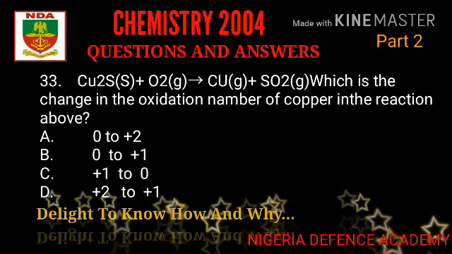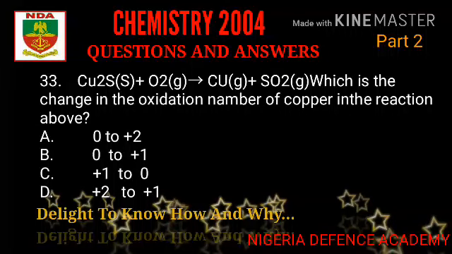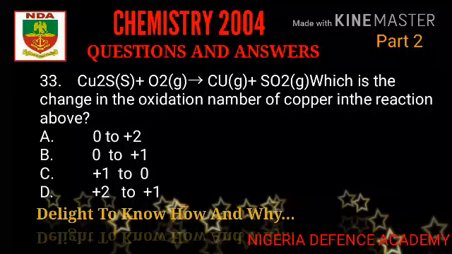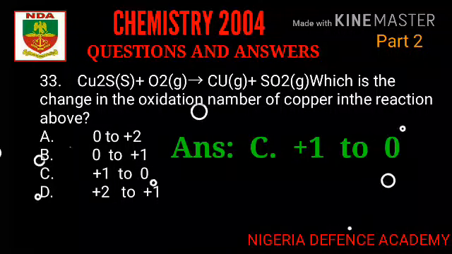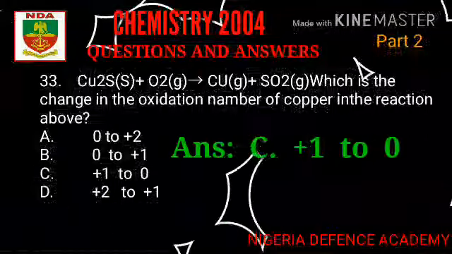Option A, 0 to plus 2. Option B, 0 to plus 1. Option C, plus 1 to 0. Option D, plus 2 to 1. Which of these options is correct? Well, I think the right answer here is option C, plus 1 to 0.